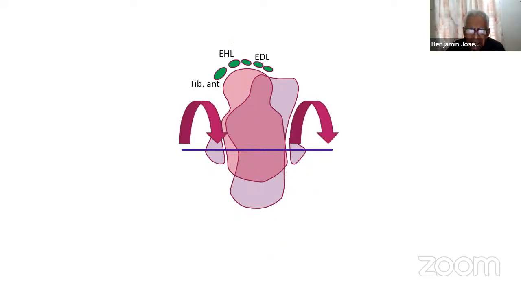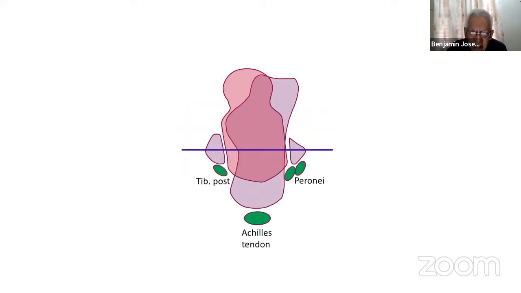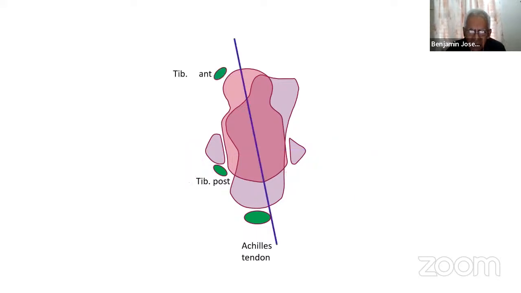Now, any tendon that runs anterior to the axis of the ankle will act as a dorsiflexor of the ankle, while any tendon that runs posterior to the axis of the ankle joint will act as a plantar flexor. And the power of plantar flexion in each of these tendons will depend on the perpendicular distance, or the moment arm, of the respective tendon.